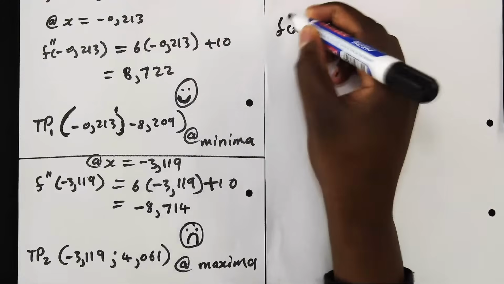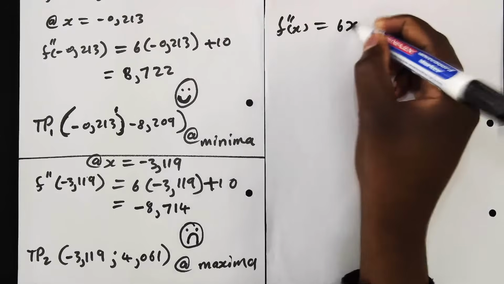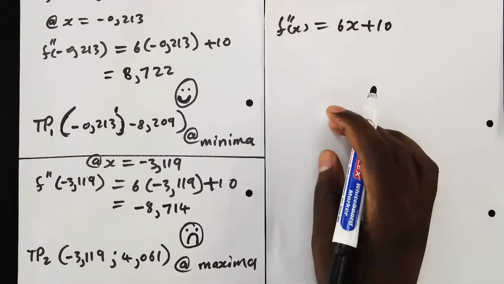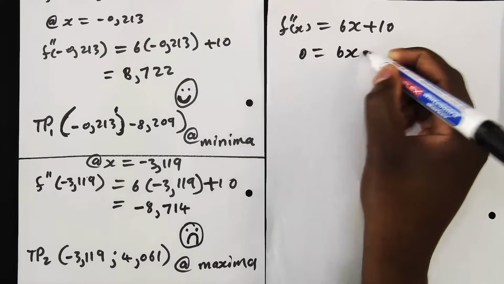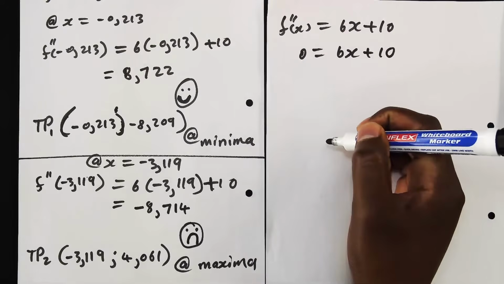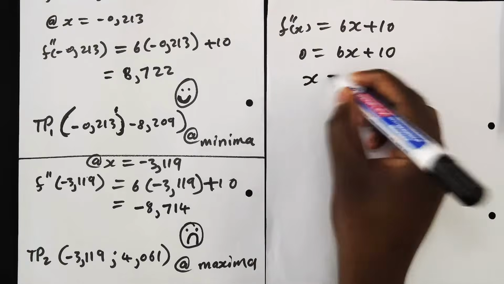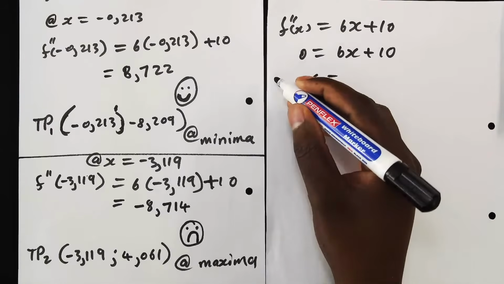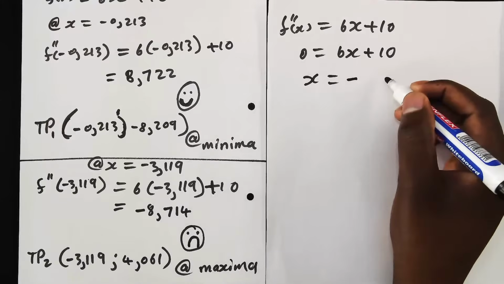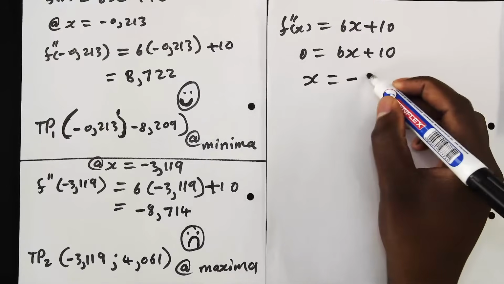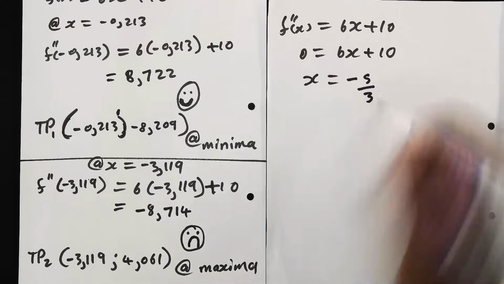We can just rewrite f double prime is equal to 6x plus 10. We're going to let it equal 0, so we'll have 6x plus 10 equals 0. From there, solve for x. Please make sure to take 10 to the other side, it will be minus 10. And divide by 6. Negative 5 over 3.